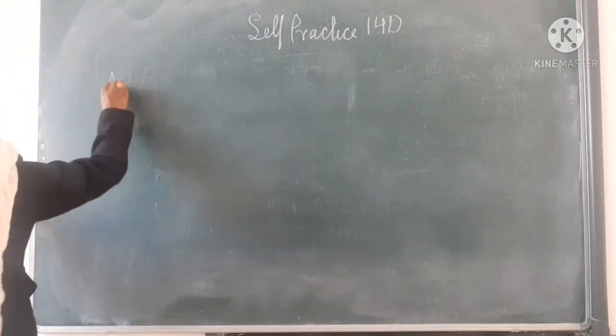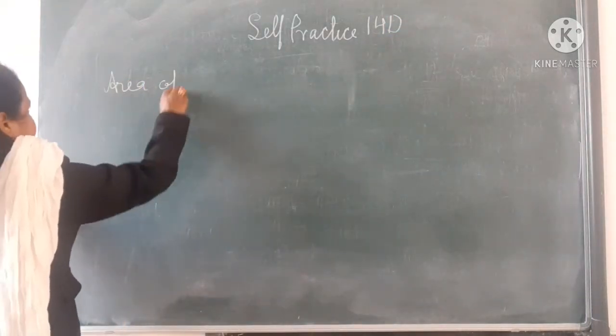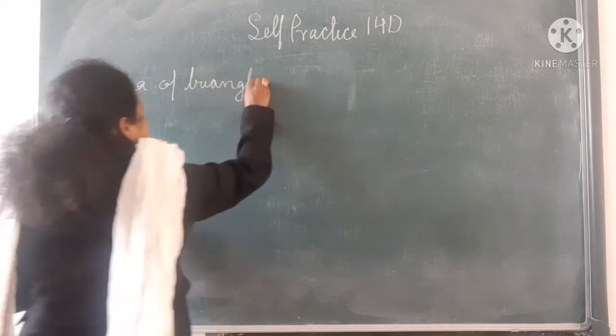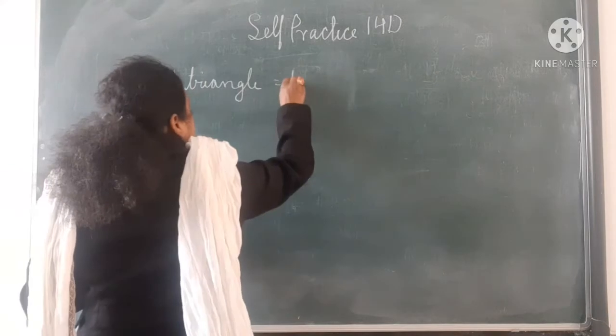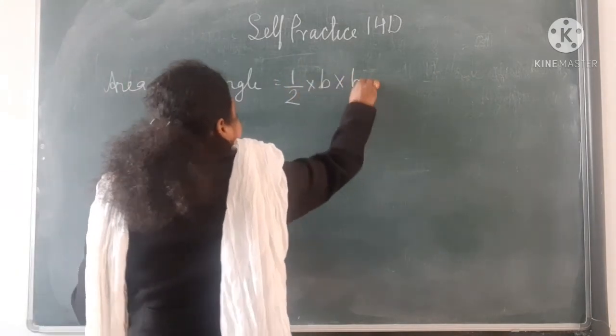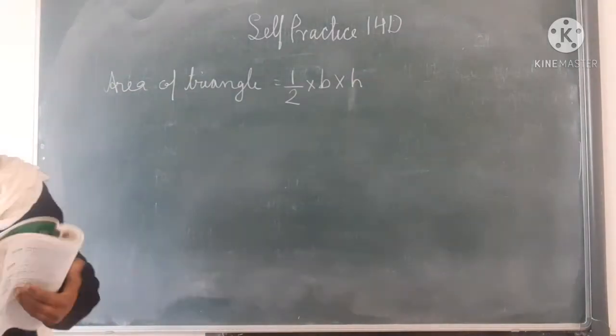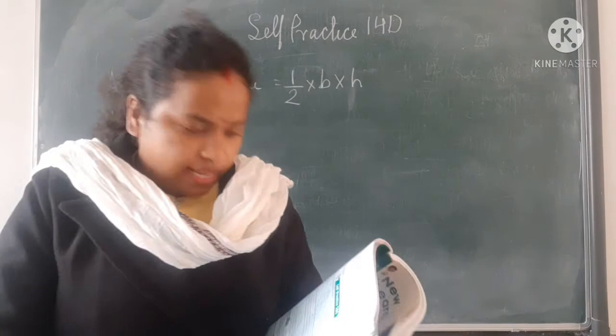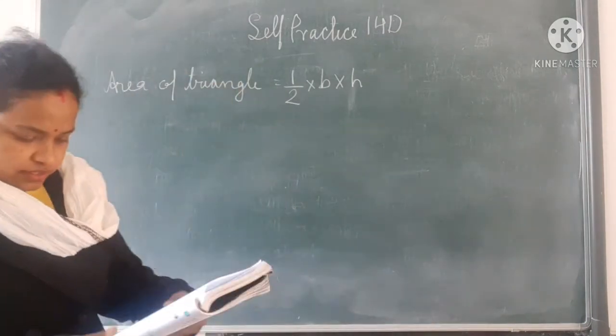Area of triangle is equal to half into base into height.